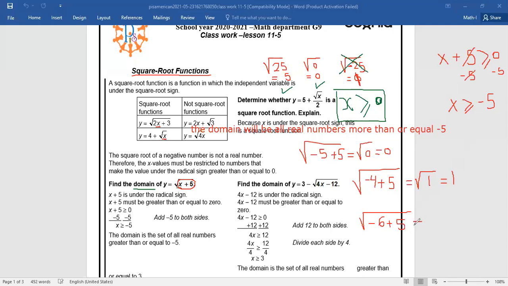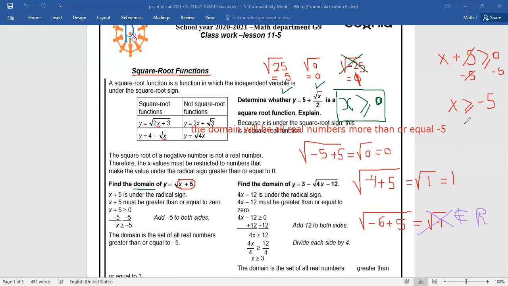So the answer will be how many? It will be negative 1, right? And can we accept negative 1, grade 9? Square root of negative 1 does not belong to the real numbers, right?